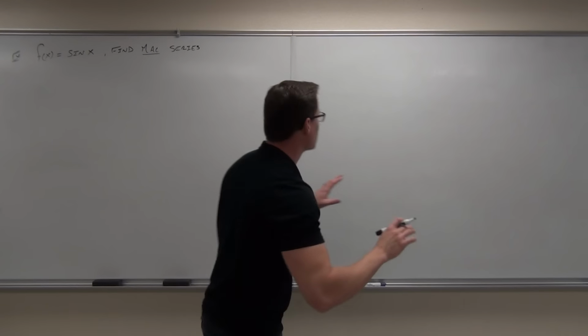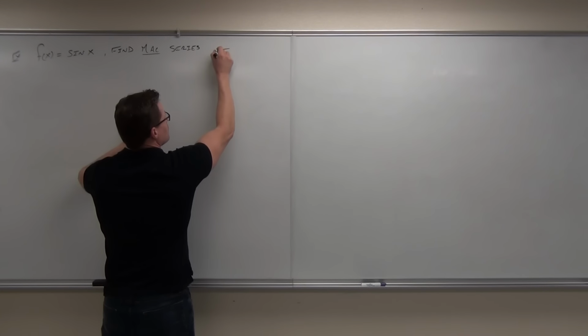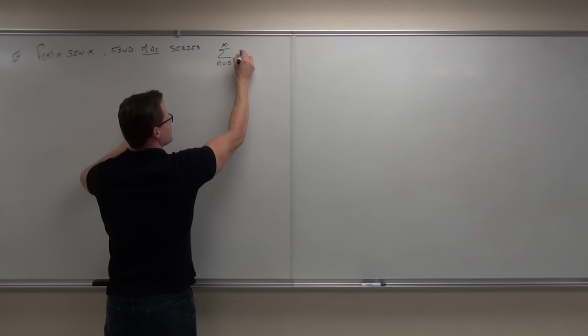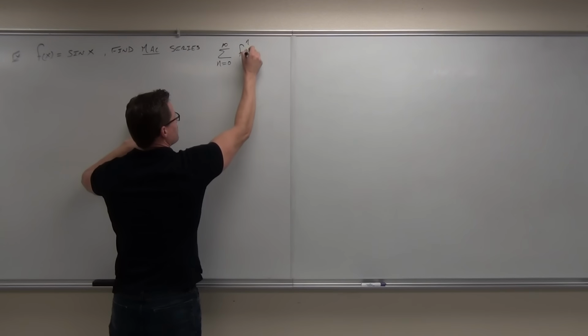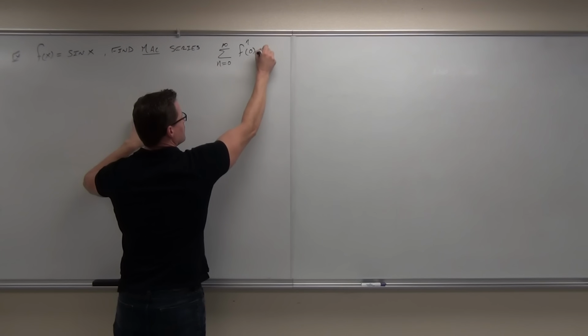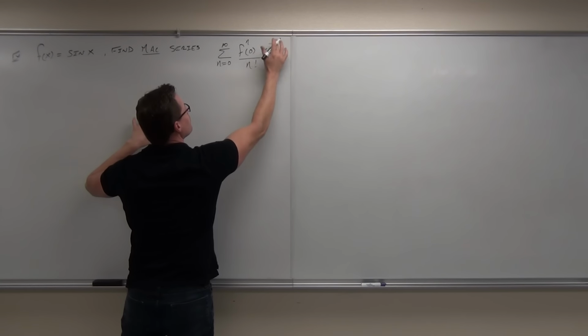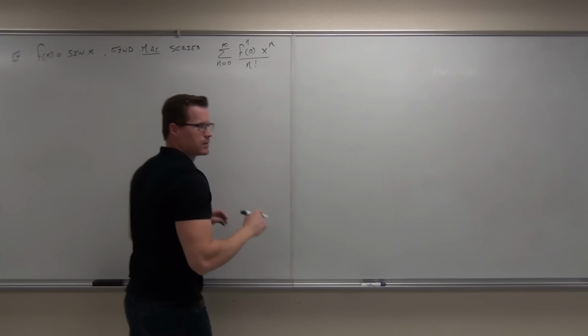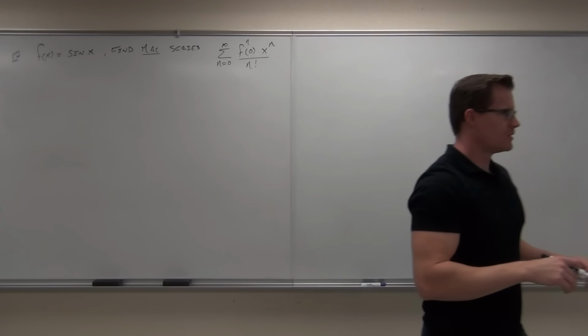Not a problem. So what we're looking for ultimately is this. What we want is a series that has the nth derivative at 0, x to the n over n factorial. Does that make sense to you?